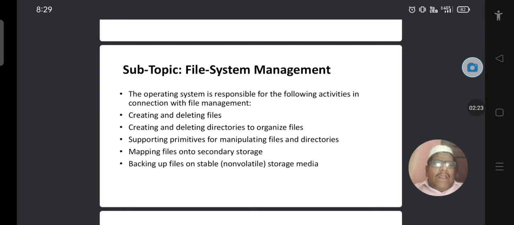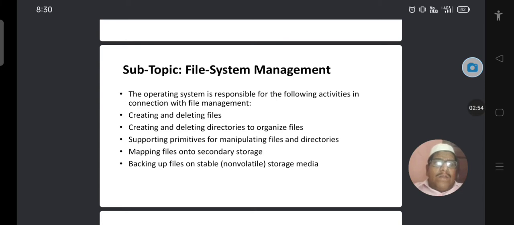Creating and deleting directories to organize files. Supporting primitives for manipulating files and directories. Next, mapping files onto secondary storage. Next, backing up files onto stable storage media.